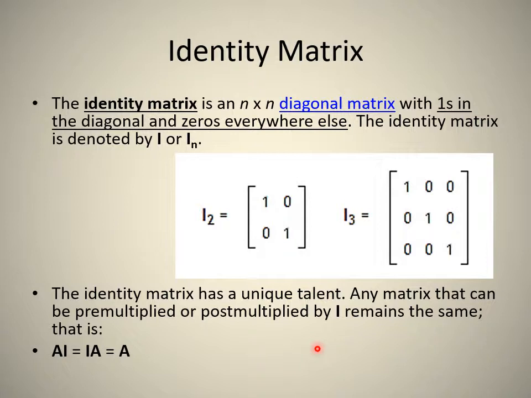Any matrix, doesn't matter which matrix, can be pre-multiplied or post-multiplied by its own identity matrix, and it will give you the same matrix. In normal algebra, it's like multiplication with 1. 10 times 1 will give you 10, or 100 times 1 will give you 100, for example. So any matrix multiplied by an identity matrix with the same order will give you exactly the same matrix again.